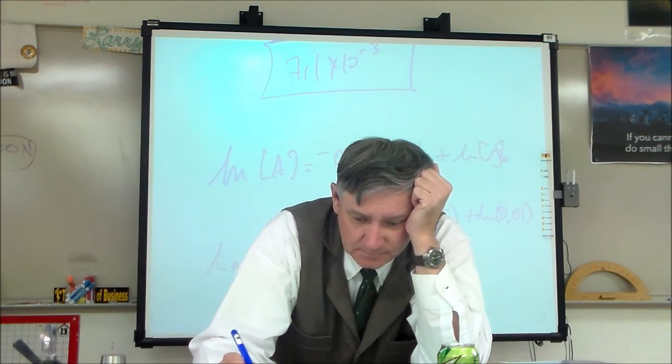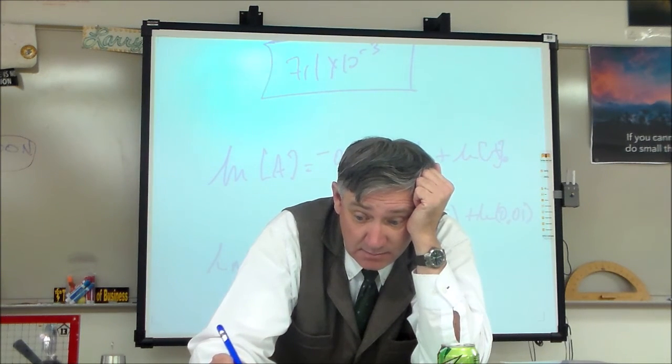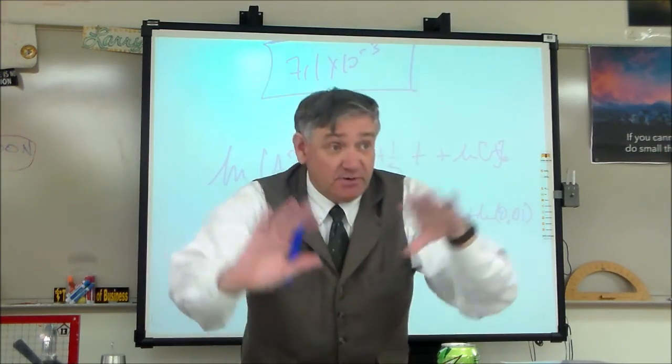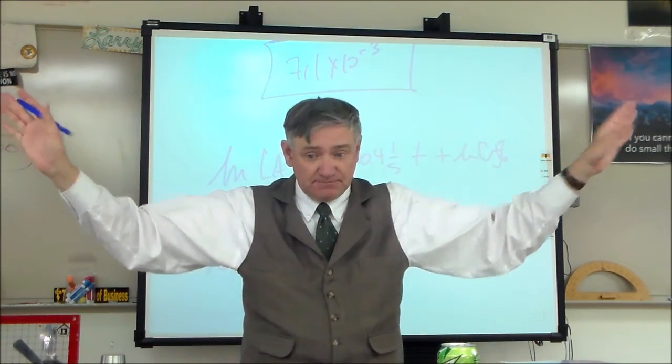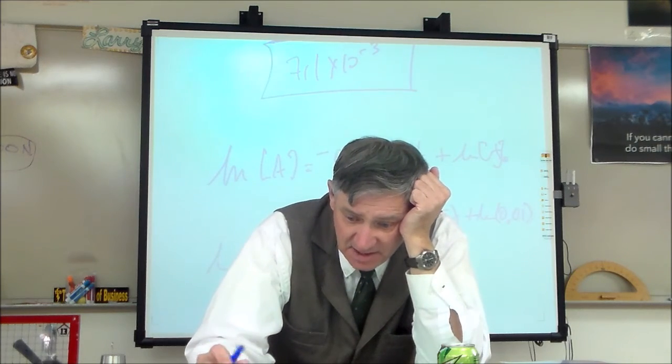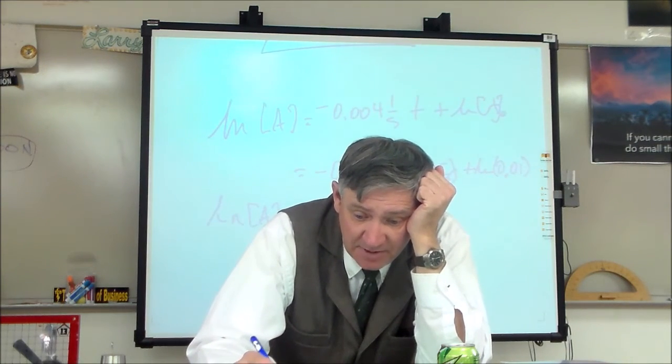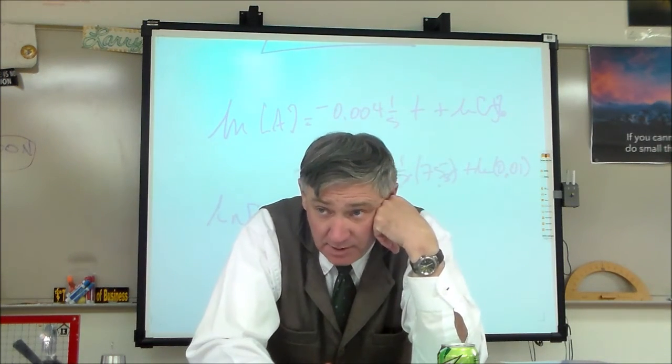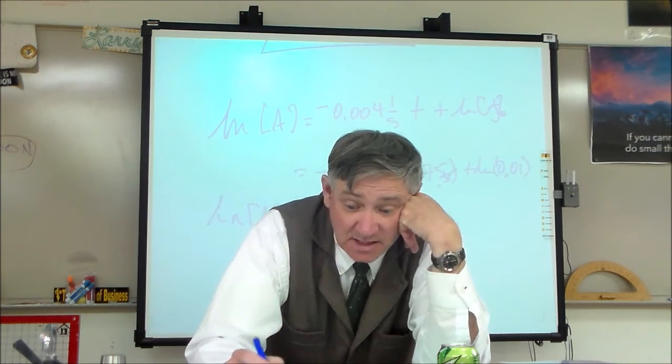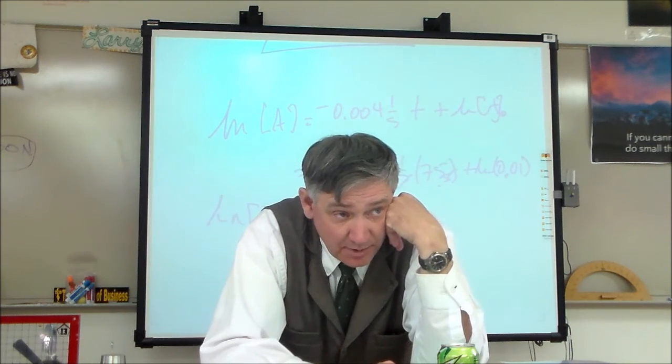Negative 4.91. Okay, and this has no units, because these seconds cancel out. So then how am I going to find the concentration of A? I'm going to take e to the negative 4.91. And that's how you would find the concentration of A at that point.